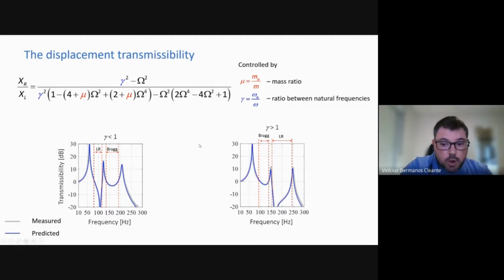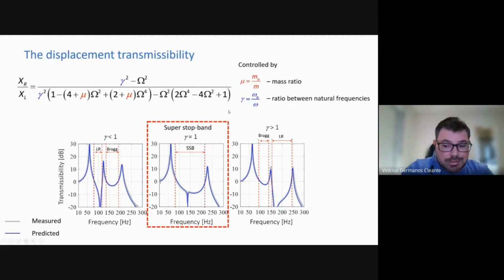Go ahead, Paulo. When the tuning frequency is greater than 1, again, we can see that the 2 stop bands occur. However, they occur at different frequencies. At first, in the lower frequency, occurs the mass-like Bragg effect, and later at higher frequency occurs the local resonance stop band.